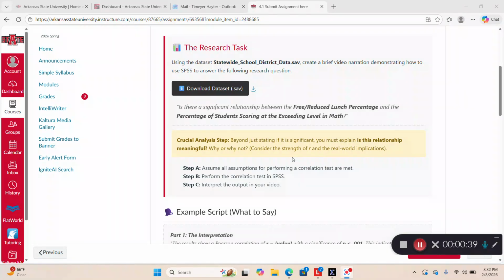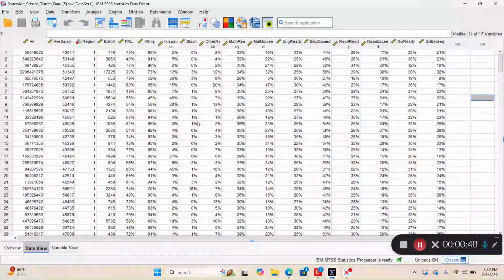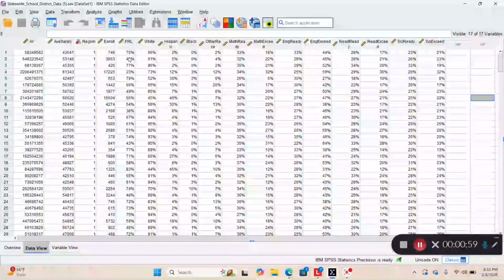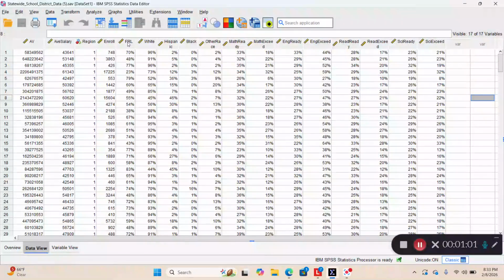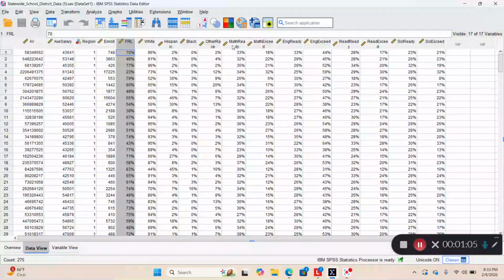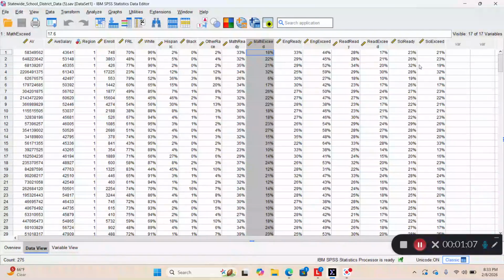Starting with step A, all the assumptions for performing the correlation test are met. The variables are continuous and the relationships are linear, so we can proceed with this correlation test. We're going to focus on two variables, free and reduced lunch and math exceeds.